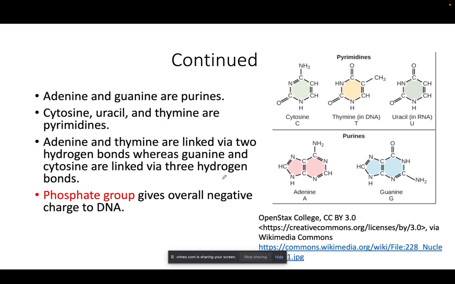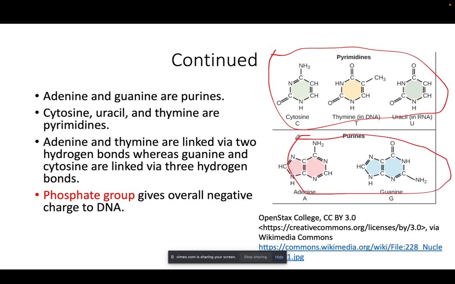Okay, so I keep talking about the nitrogenous bases, but how are they structured? On the right side of the image, as you can see here, these are all the bases. They are also differentiated as purines and pyrimidines. Purines include adenine and guanine, whereas pyrimidines include the rest of them, which are cytosine, thymine, and uracil.